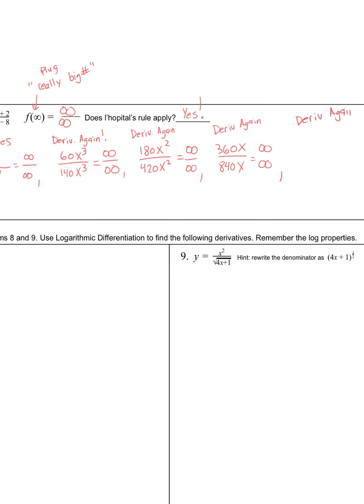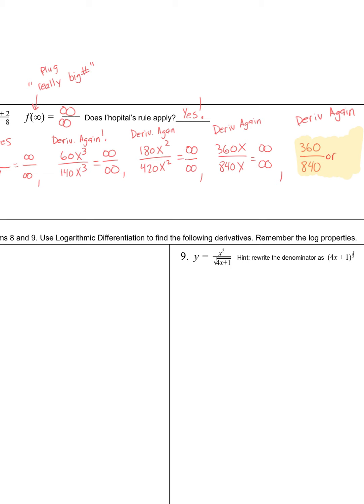All right, this is a fun example, huh? Okay, the derivative of 360x is just 360, and the derivative of 840x is just 840. We finally have an answer. That is our solution. If you like the decimal better, that is just fine.